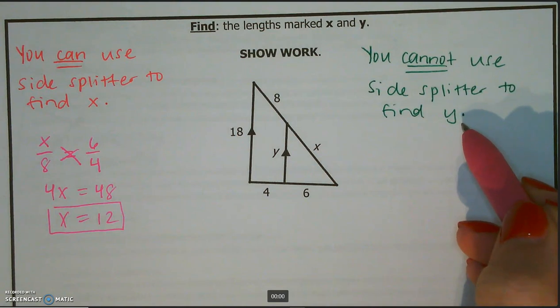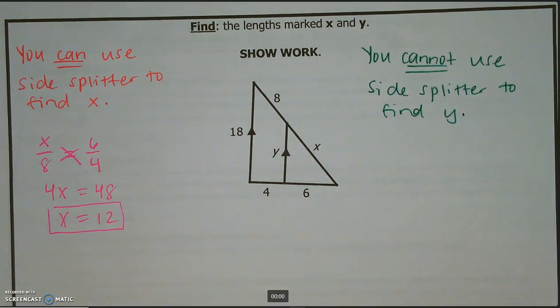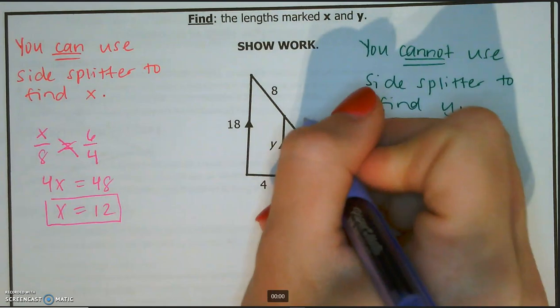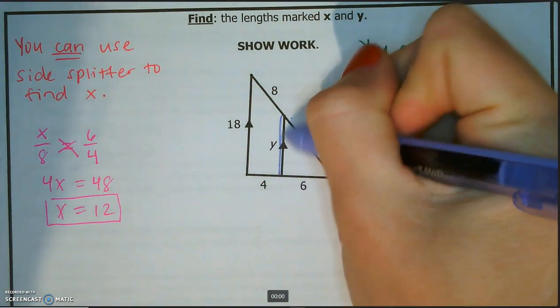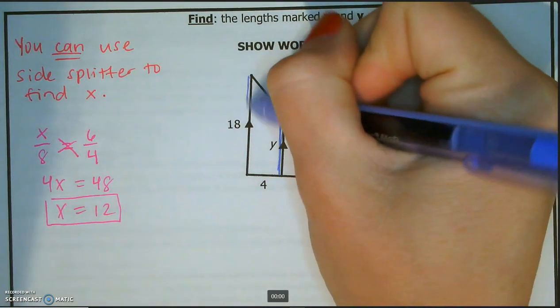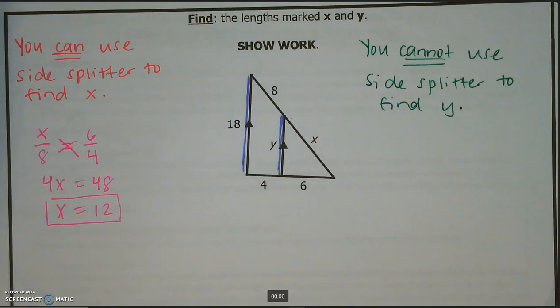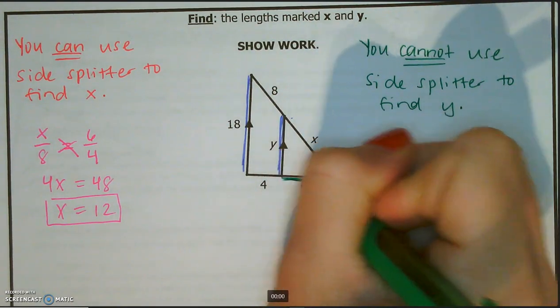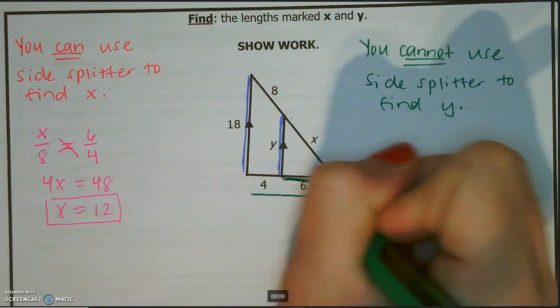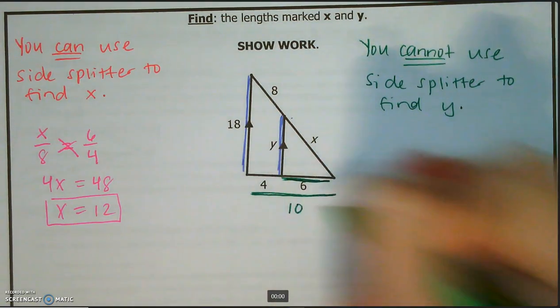Since I can't use side splitter theorem to find Y, I'm going to color code. Let's start with Y, right? I need to find Y. So Y corresponds with 18. The 6 corresponds with 10.